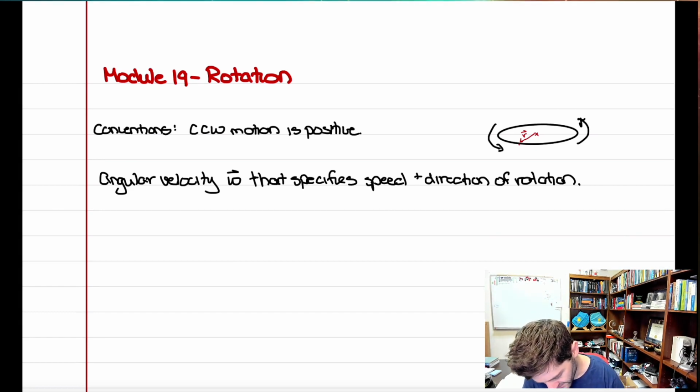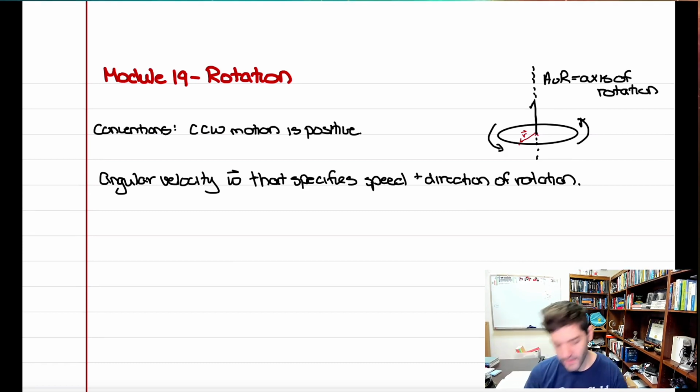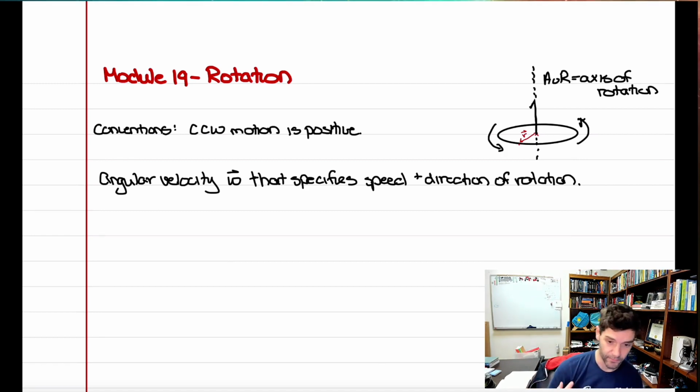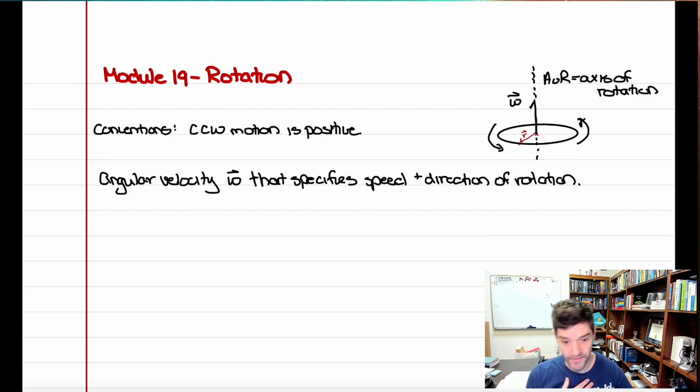This rotation vector is something that we will specify that points along the rotation axis. So if I think of this dashed line going through the center of the ring, we'll say that's the AOR, or the axis of rotation, that everything is spinning around. And so we'll make omega be a vector that points in the axis of rotation.